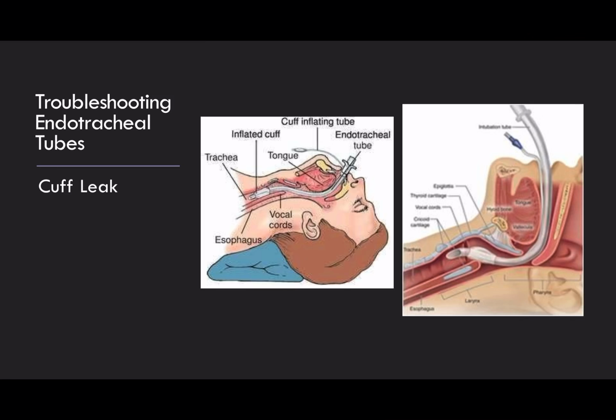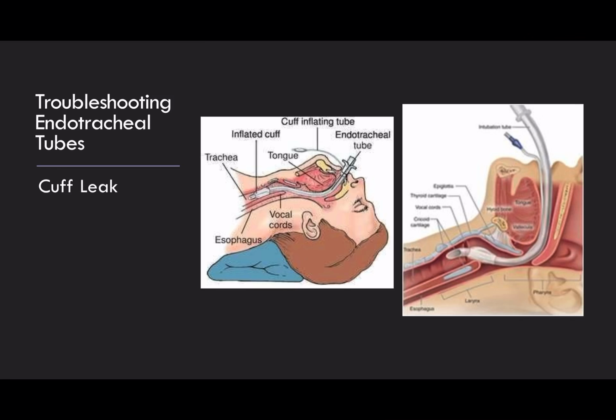It should be sitting below the level of the vocal cords in the trachea. And if it's fully inflated, there should be no gas leaking out into the oropharynx. However, if a tear or a rip occurs in the cuff, it deflates and therefore gas will escape around the edges.